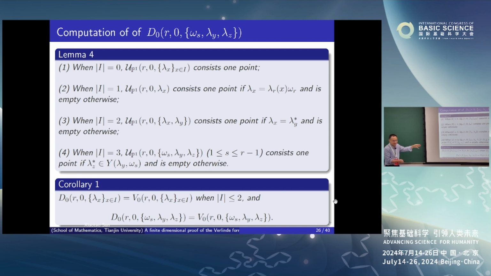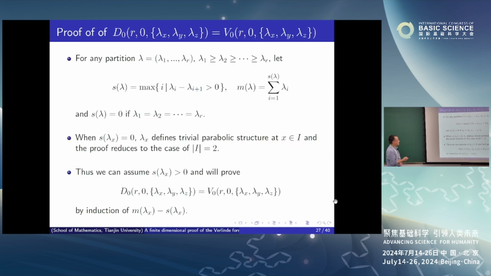This is proved by direct computation. But how do we prove the general case? If I put in a general partition, now we use induction. So now I try to prove this in the general case, namely where this is any partition.